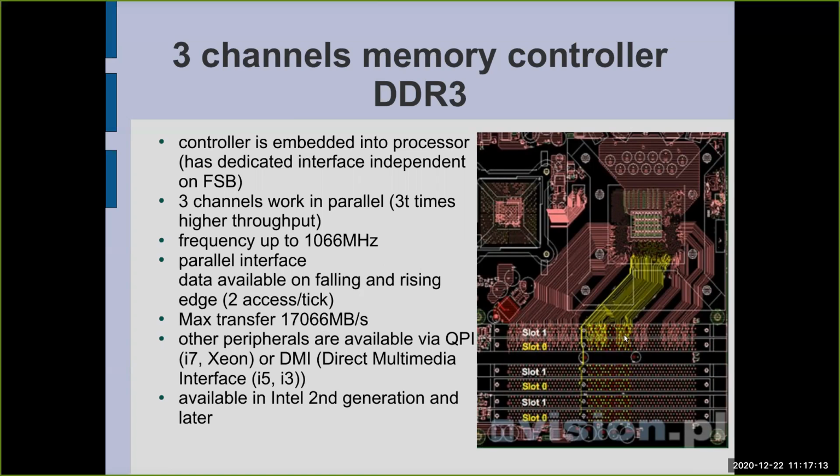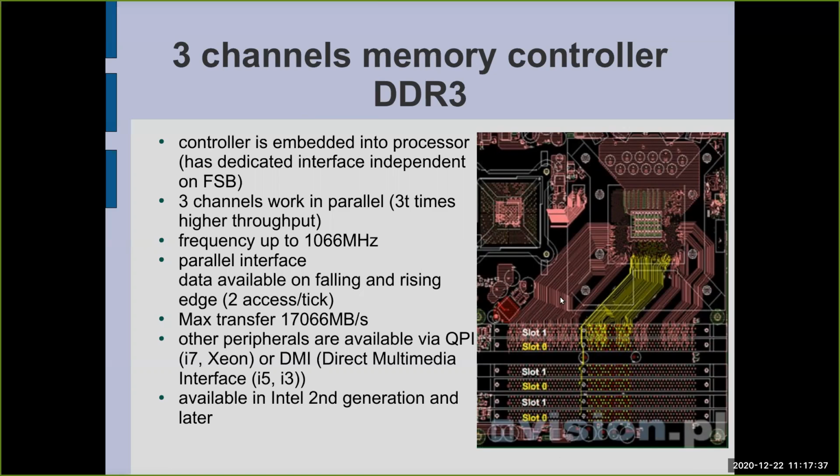And here you have different slots, and every slot, so slot 1, slot 1, slot 1, belongs to a single channel. So all memory modules placed in these slots are handled using a single channel.